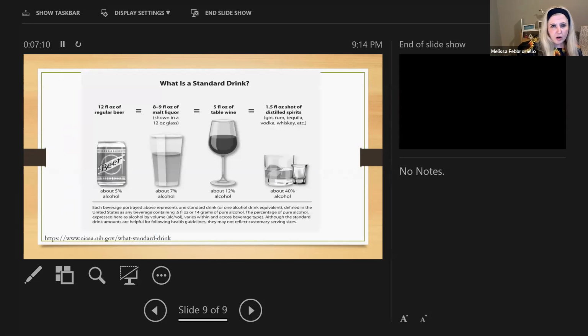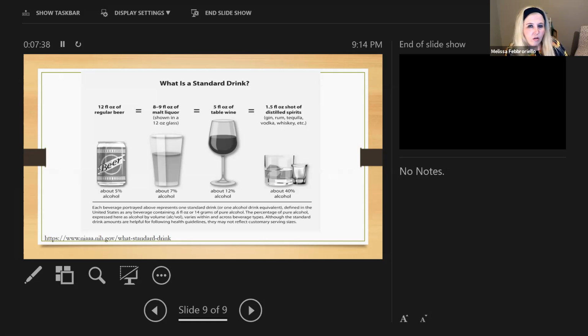And now we're going to talk about what a standard drink size is. I'll just read the slide really quick until we go into an actual demonstration of it. So we have a 12-ounce regular beer, like a Budweiser, Michelob, that's about 5% alcohol, versus your 8 to 9 ounce malt liquor, and we'll talk more about that.